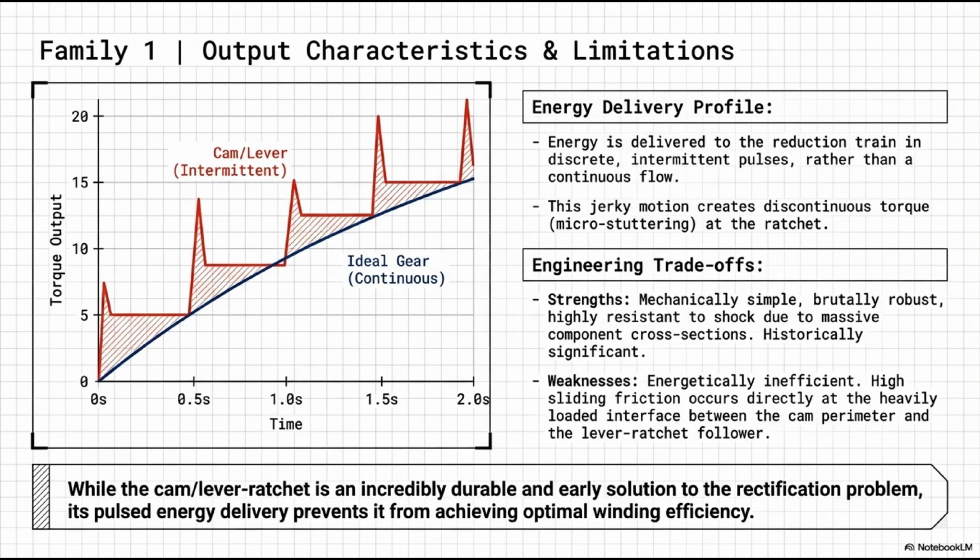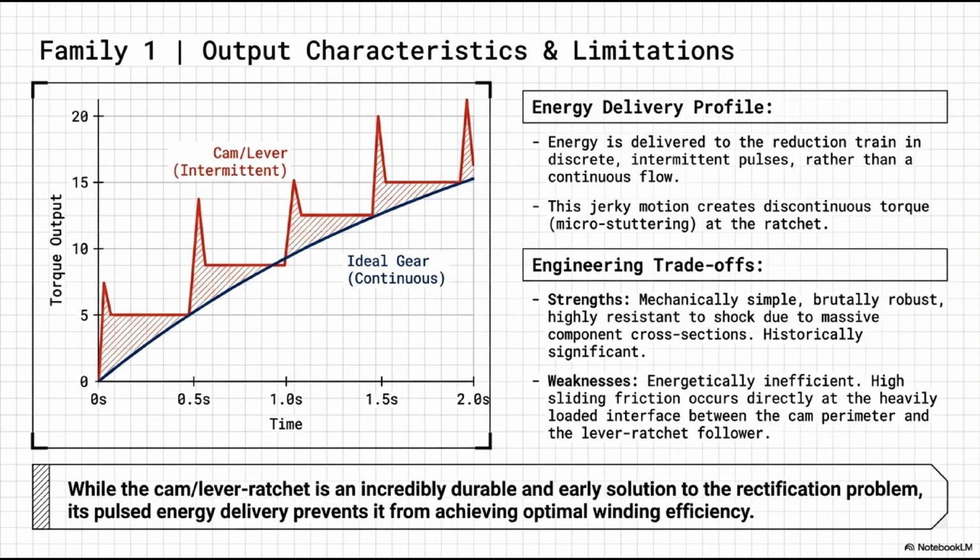Let's look at the engineering trade-offs. The strengths are undeniable. It is mechanically simple, brutally robust, and highly resistant to shock because the lever and cam have massive component cross-sections. You cannot easily break them. Historically, it was incredibly significant. However, the weaknesses ultimately doomed it.